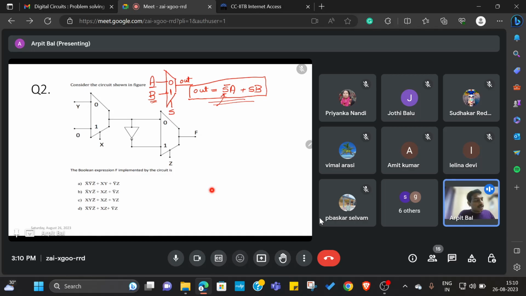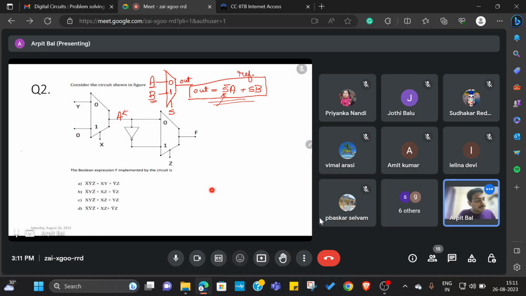So for this particular question, let us name the nodes. Let me call this node A. Let us try to get the equation at node A. Let us treat this one as reference.